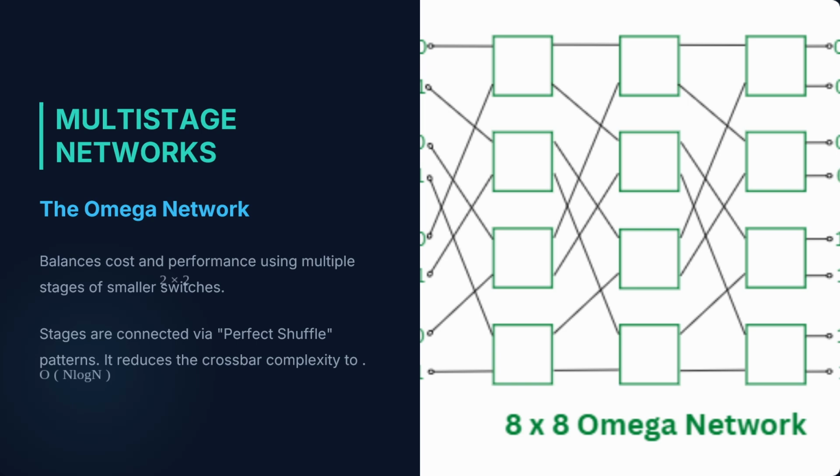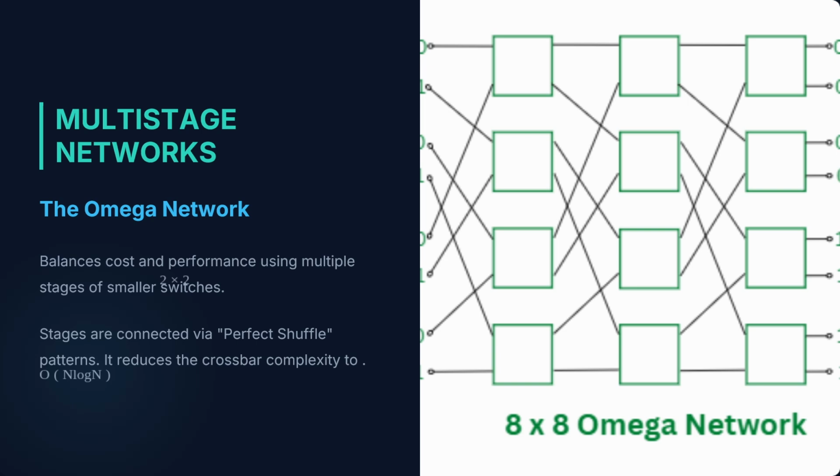Multi-stage networks. Because crossbars are too expensive, engineers created a compromise called multi-stage interconnection networks, like the Omega network shown in the diagram. Instead of one giant switch, we use multiple stages of tiny 2x2 switches. Messages route through these stages step by step.